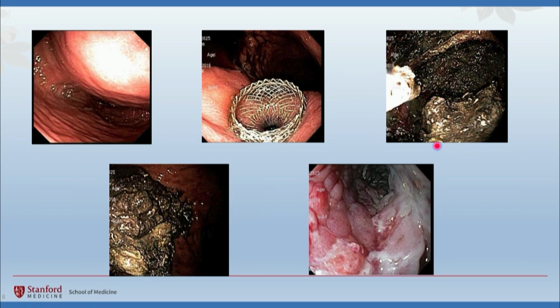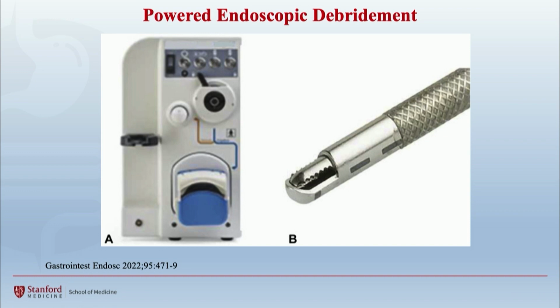We used to do more cleaning with stiff snares to get the necrosum out of the cavity, like you see here, the dark material, getting it out to the stomach and then clearing the cavity of all the necrotic material. But lately, a new technology was introduced that is represented by this catheter.